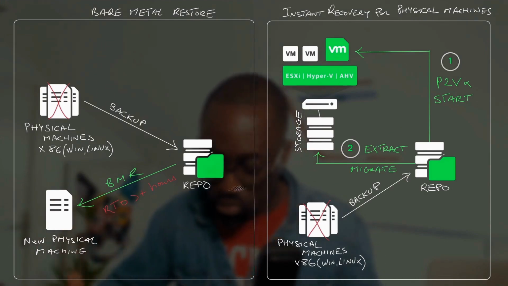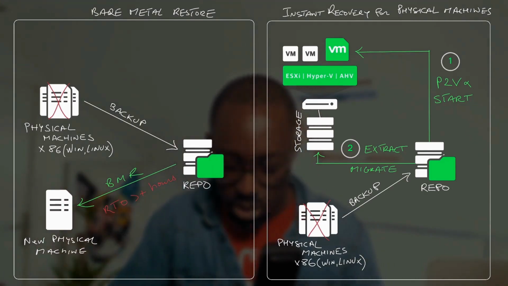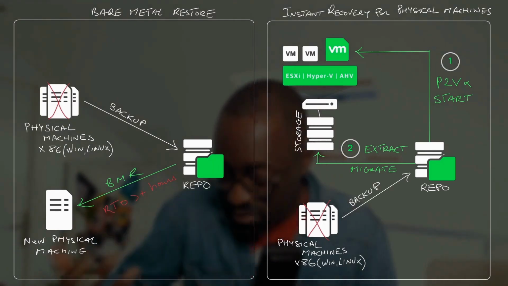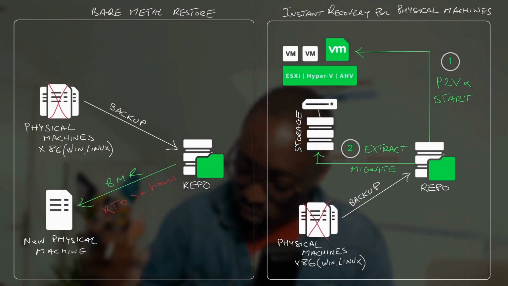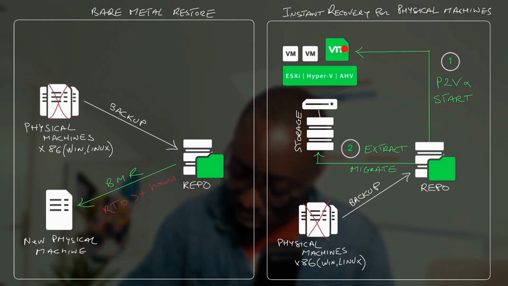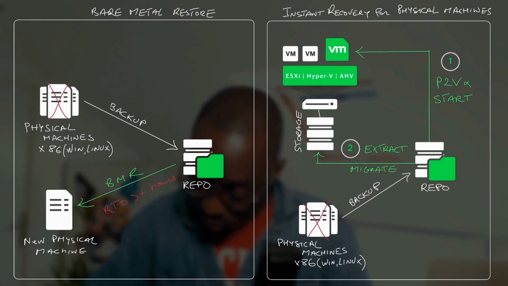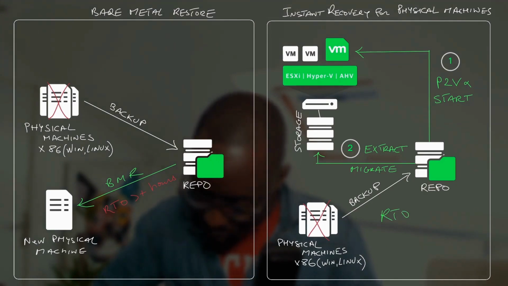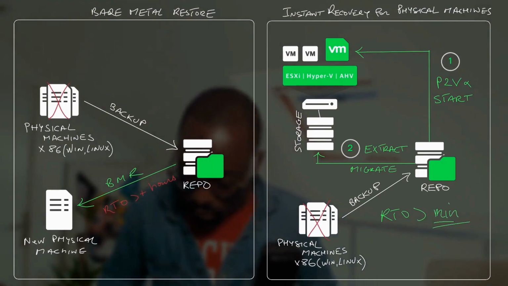So it is storage vMotion in VMware, live storage migration in Hyper-V, and the equivalent mechanisms in AHV that will ensure that this migration, this actual restoration, will take place without any impact on the virtual machine that is running and fully operational. And so here we move from RTO, we are rather on the order of a minute, a few minutes. So this is what we're going to see.